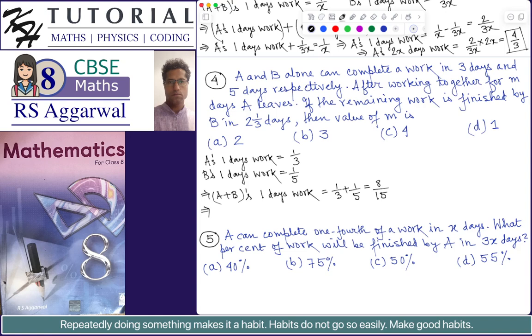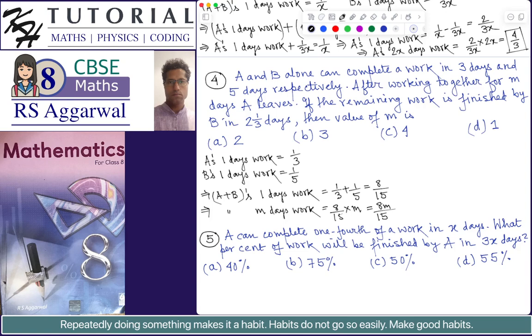So A plus B's m days work is equal to 8 by 15 multiplied by m using the unitary method. So if work done in 1 day is 8 by 15, then work done in m days will be 8 by 15 multiplied by m. So this is equal to 8m by 15. So this is the work done in m days.